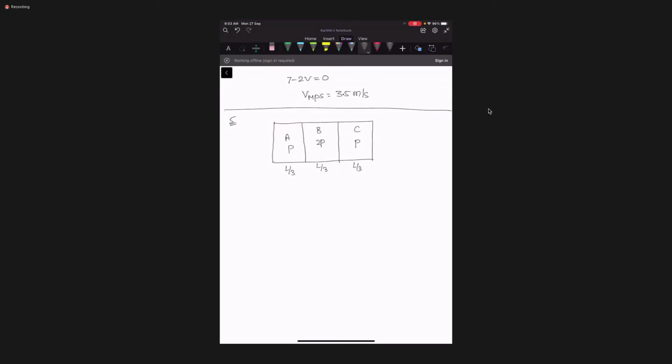So B will expand, of course. A reduces, C reduces. He needs the equilibrium length of part A, right? Yes, sir. Okay, good.